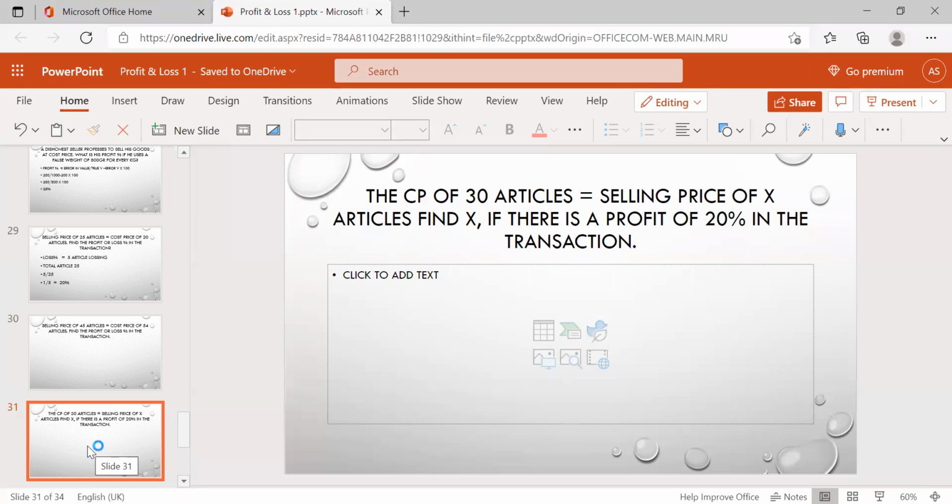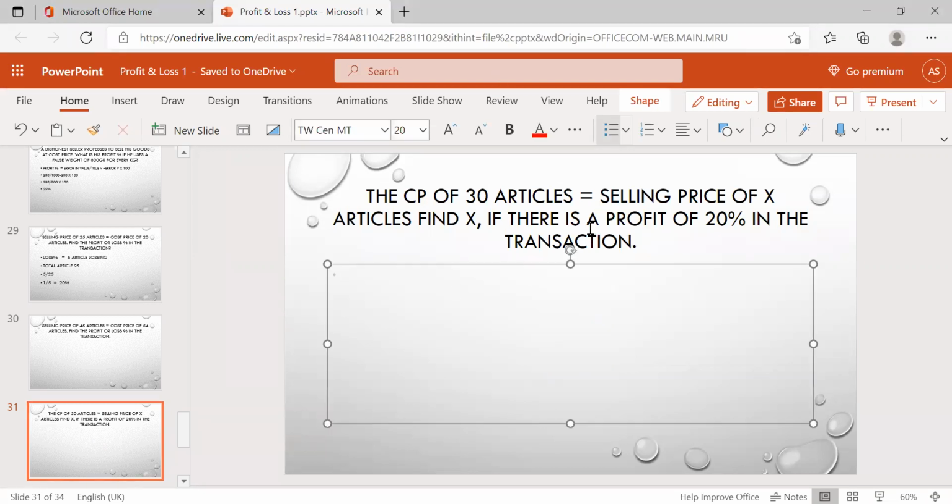Sorry, cost price of 30 articles is equal to selling price of X articles. We don't know how many articles we are selling. Now they're saying profit is 20%, right?